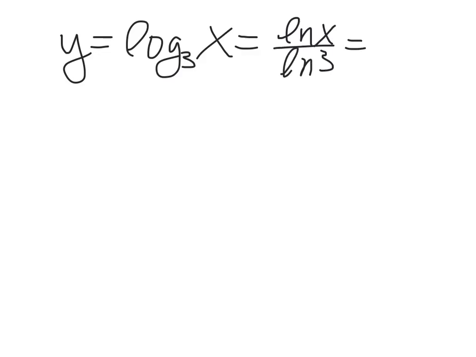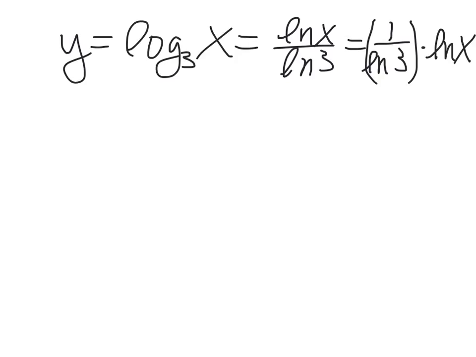Or, to get a better grasp on what this value is, we can rewrite it to 1 over the natural log of 3, which is a constant, just like 1/3 or 1/2, 1/10, okay? And then times the variable part, natural log of x, okay?